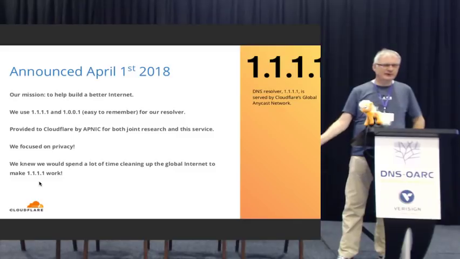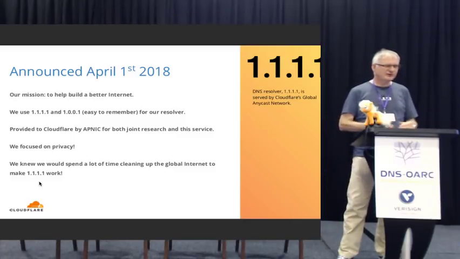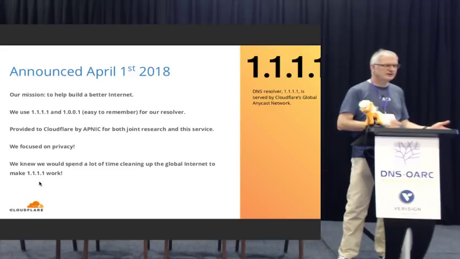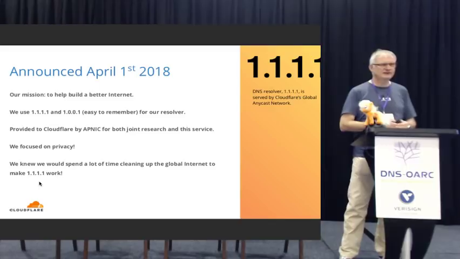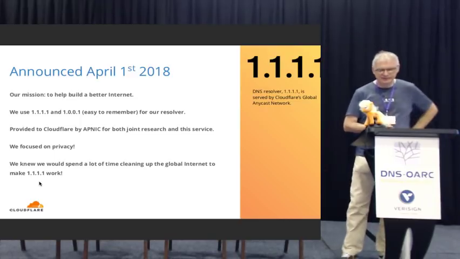But to focus on what it is that we wanted to do as a public resolver, there are other ones out there, a whole bunch of them, and we wanted to be different. What was it that we could do differently? We realized we had two advantages. One was we have enormous scale, and we are closer to many end users than the other providers that were there before.